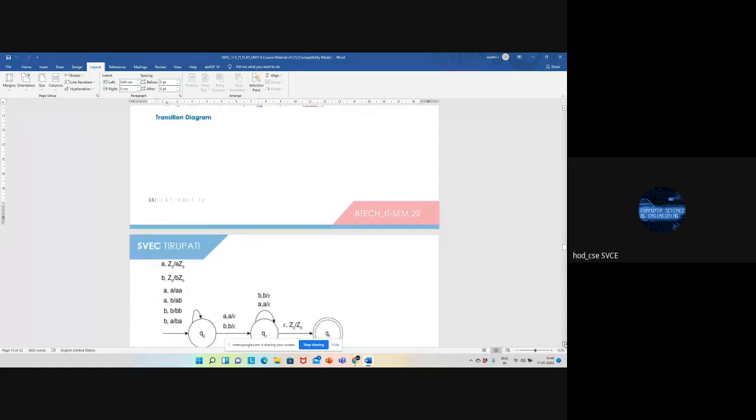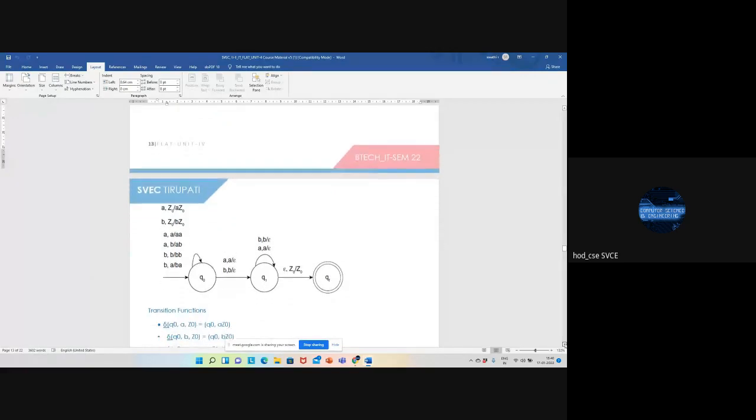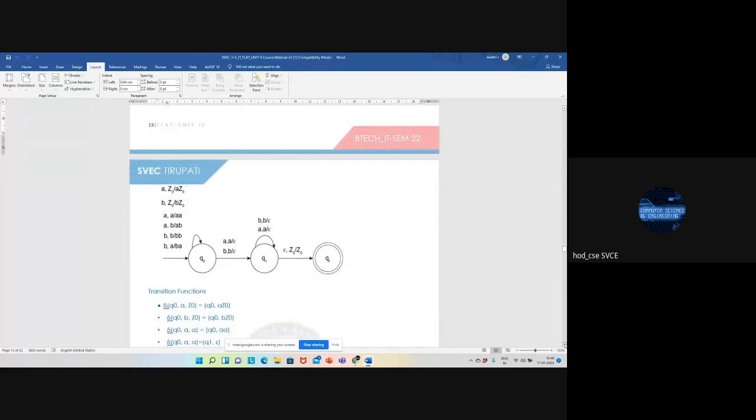This is the solution for that one. Initially the stack contains Z0, as we already know. I already discussed that the initial stack symbol is Z0, which means the stack does not have any other symbols.